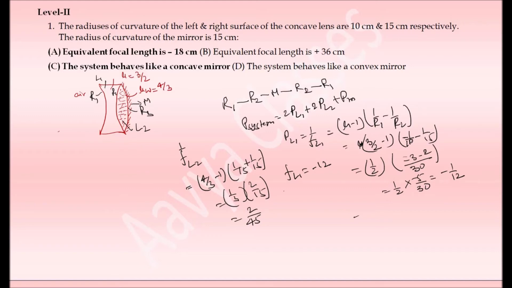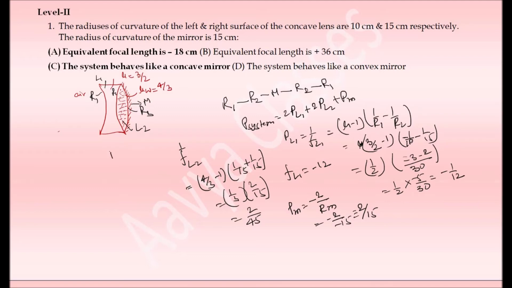So now we calculate PM. So PM is equal to minus 2 by RM, and RM comes with negative sign, so it's minus 2 divided by minus 15, that is 2 by 15.